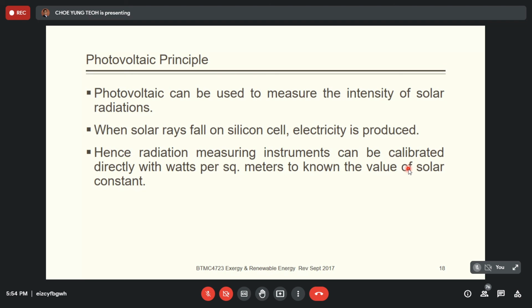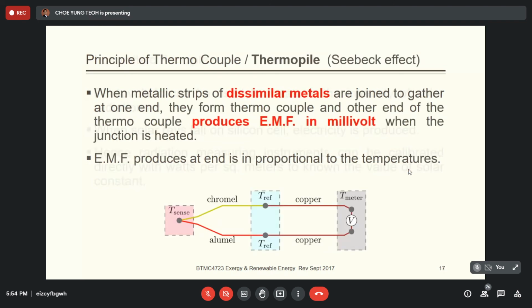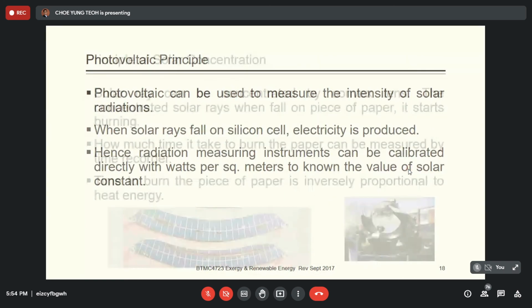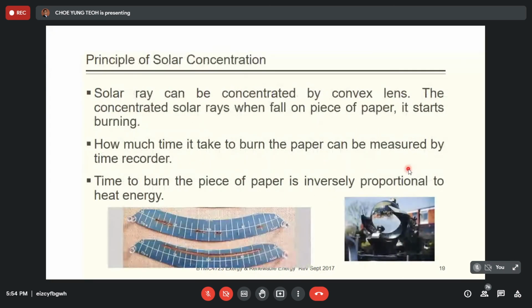These are two methods. One we use the photovoltaic principle, one we use the thermopile principle. And the last one, we call it the principle of solar concentration. You can see that you have the ball acting as a convex lens. So the convex lens will focus all the sunlight into one single point.